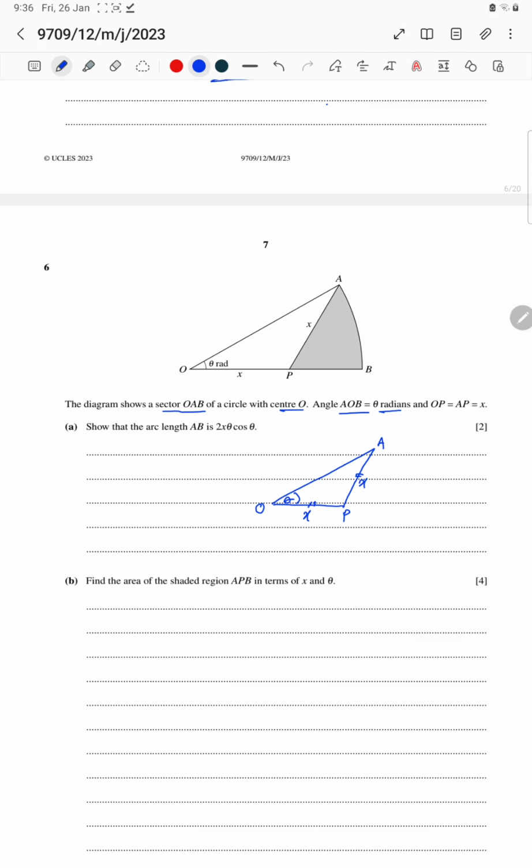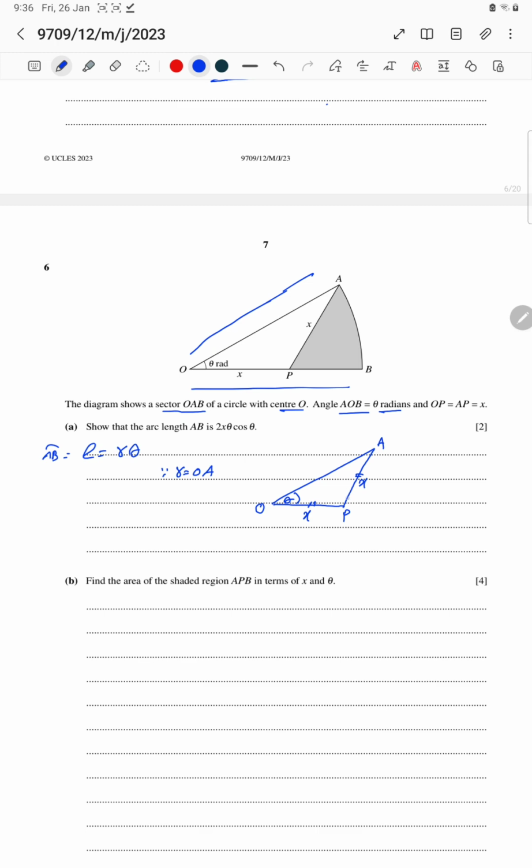In order to find the arc length, we know the arc length of AB, that is L, is equal to r theta. So we are looking for the value of r theta, where r stands for OA. OA and OB both represent the radius of the circular sector.